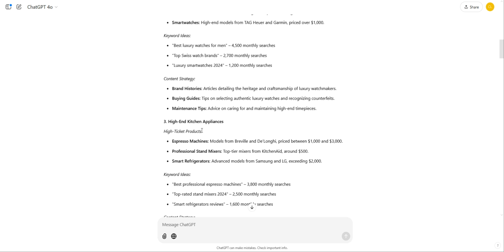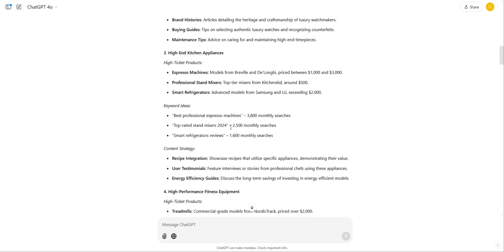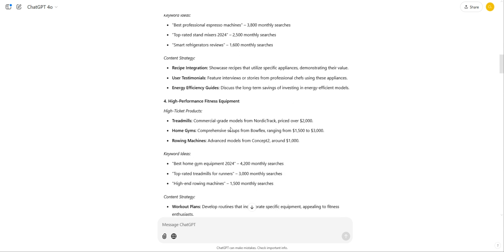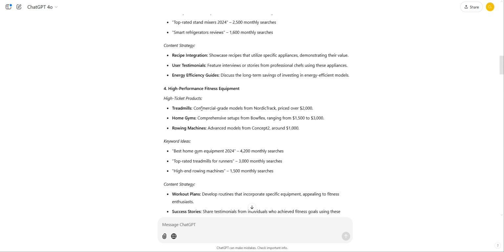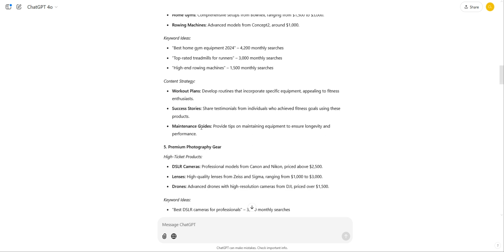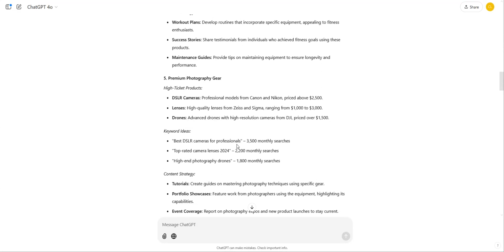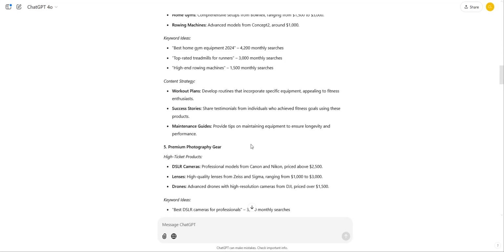It's given me high-end kitchen appliances, espresso machines, stand mixers, smart refrigerators. It's given me high performance fitness equipment, treadmills, home gyms, rowing machines. And it's given me premium photography gear, like DSLR cameras, lenses and drones. Now any of them are good, but the one I picked was drones.